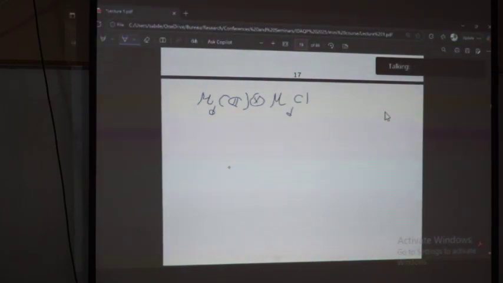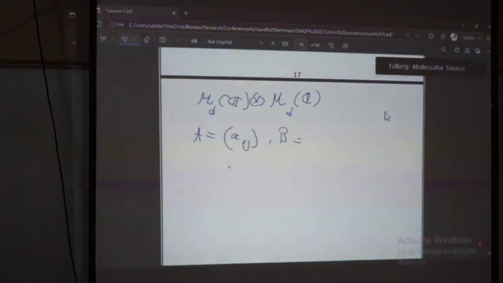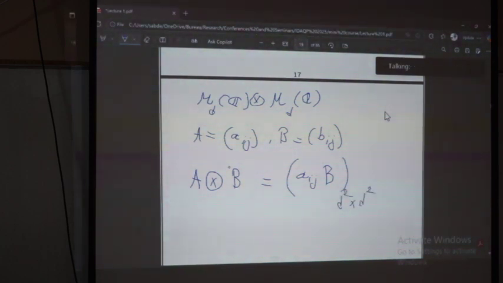Simply, it can be defined through the usual Kronecker product of a given matrix A with entries a_ij and B with entries b_ij, A tensor B. It's clear that it is a d squared times d squared matrix. And then we can generalize to a finite number of elements.